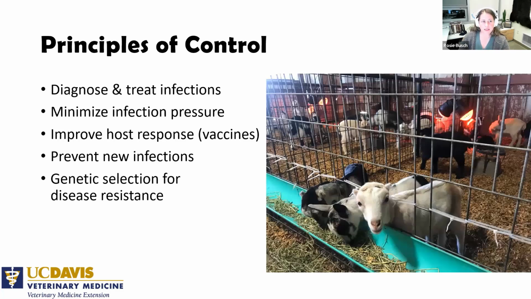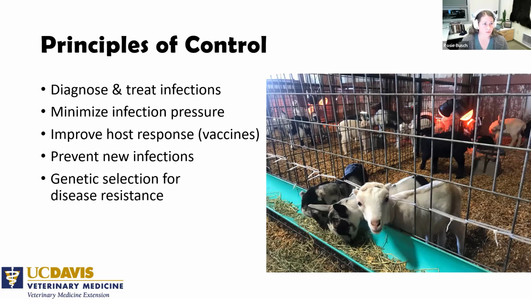So the basic principles of control are, first and foremost, diagnosing infections or diseases and possibly treating them if they're treatable. Not all diseases are treatable, but it's really important to understand what we're dealing with so that we can take a targeted approach. And then minimizing infection pressure, and that's going to depend on the route of transmission and the source of infections.